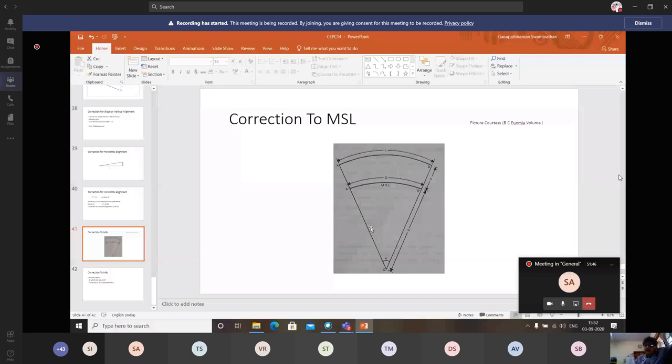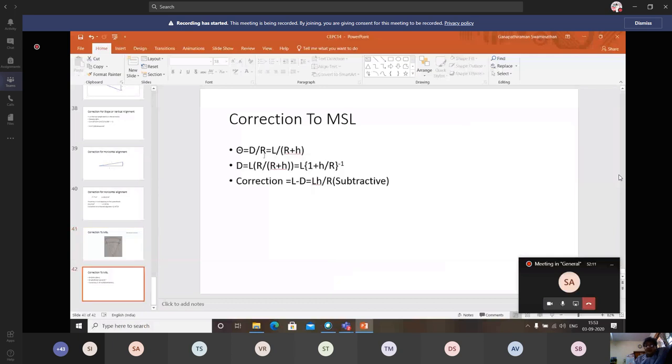So this is the arc D, subtending angle theta at the center. Theta is measured in radians, r theta equals D, and r plus h theta is equal to L. So theta is equal to D by r or L by r plus h. So D is equal to L into r divided by r plus h.